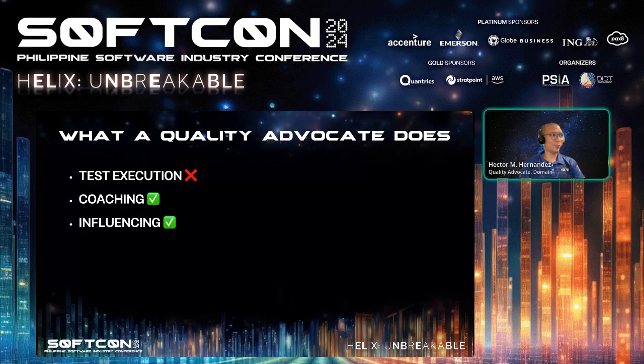Influencing. I'm expected to ask questions so that the team, depending on the roles, asks the correct questions, challenging them to think about how they can assure that they are writing, designing, and coding this the right way.